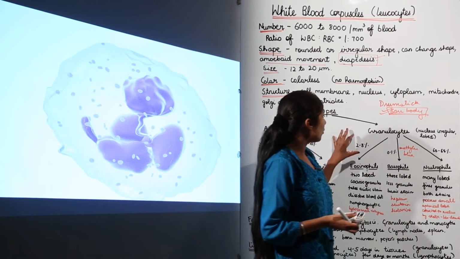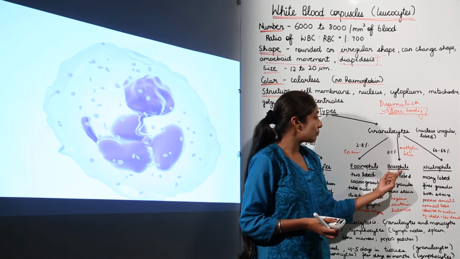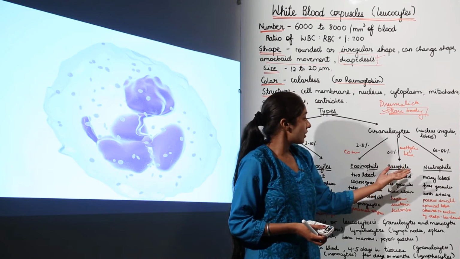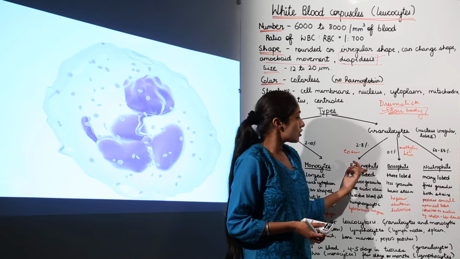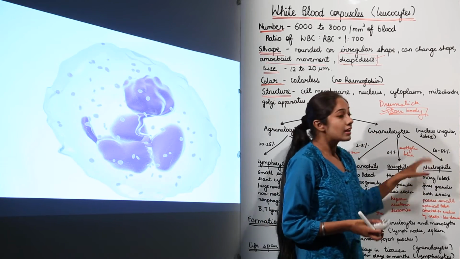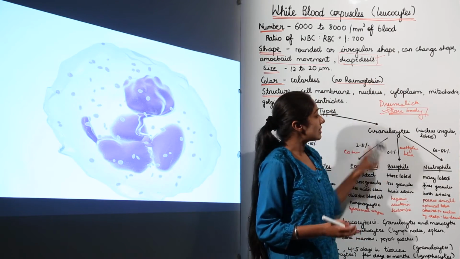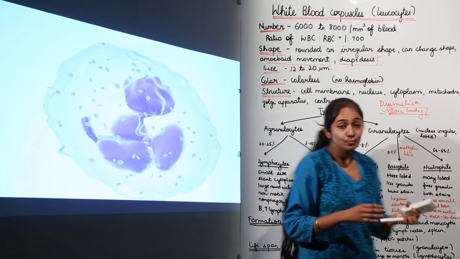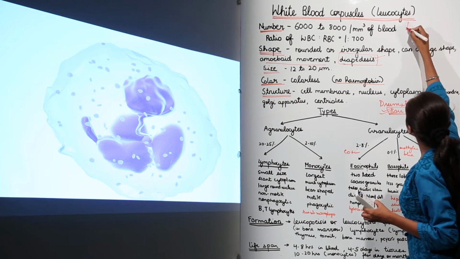Now, if we talk about the number, then we have the least number of basophils, the highest number of neutrophils, and then we have eosinophils. So, the larger ratio is of neutrophils when we talk about leukocytes as a whole, right. Now here I want to introduce to you a term, that is leukocytosis.